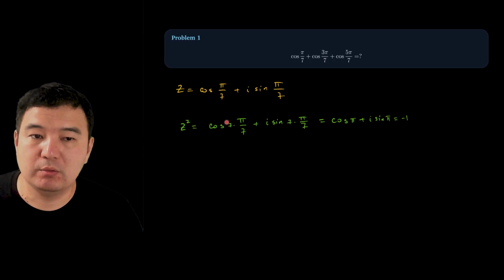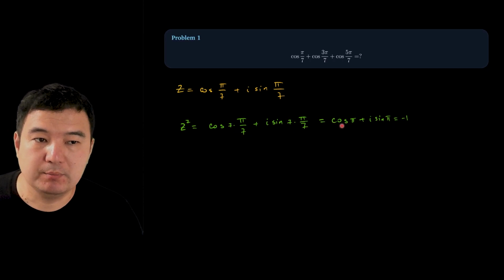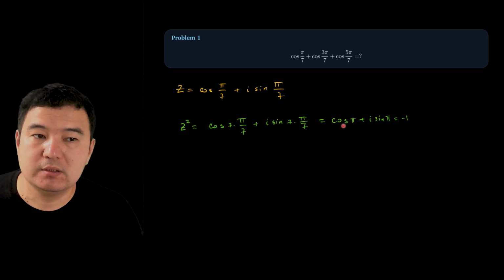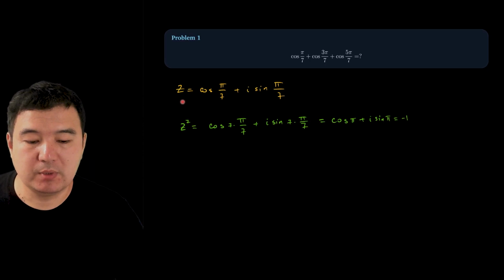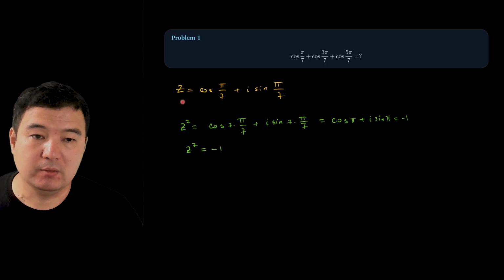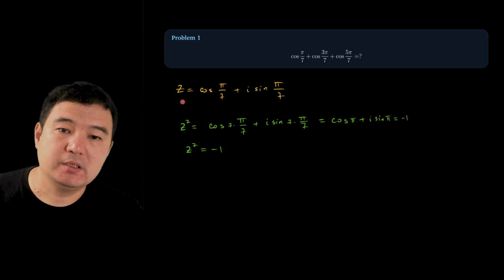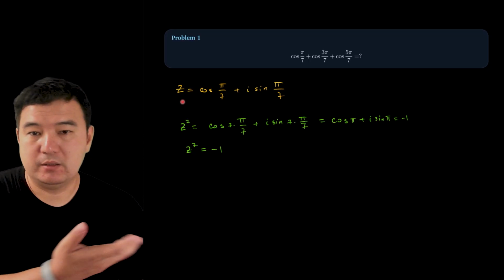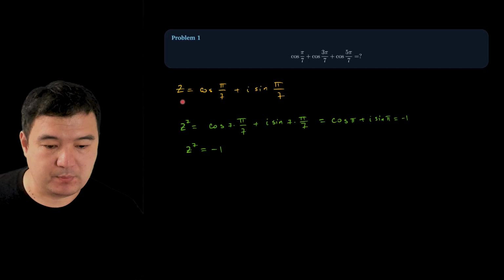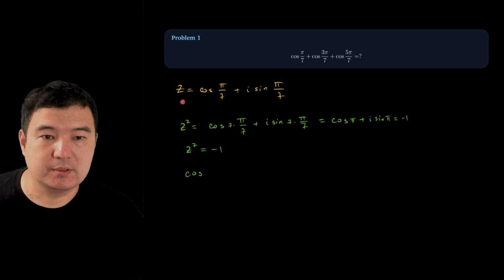But when you multiply by 7, you get cosine pi plus i sine pi. This part is 0, this is -1. So z to the power 7 is basically -1. This is very useful information that we are going to make use of in the upcoming steps.